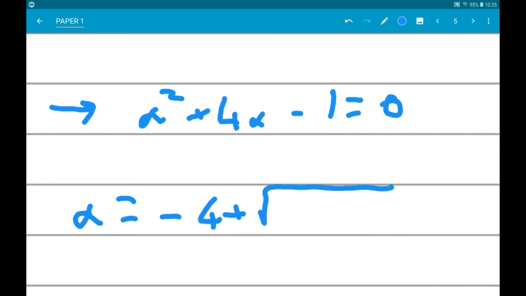The square root of b squared, so 16, minus 4 times 1 times minus 1, so that's root 20, and that is all over 2.